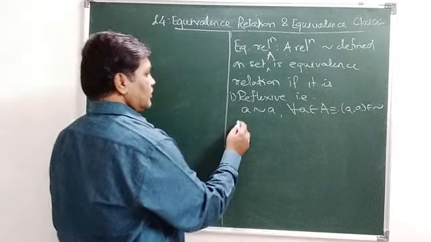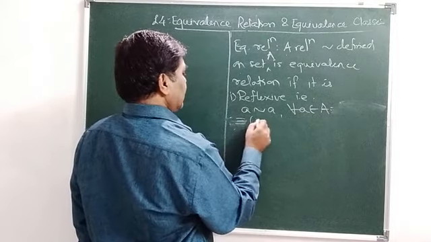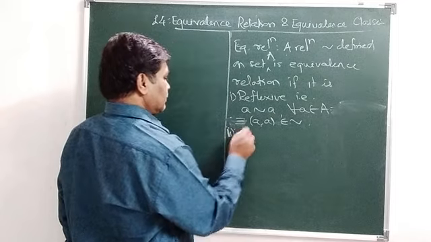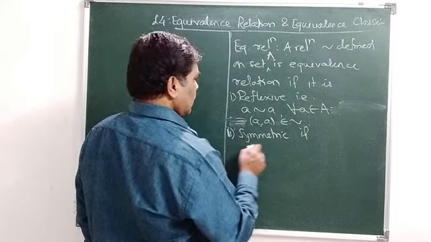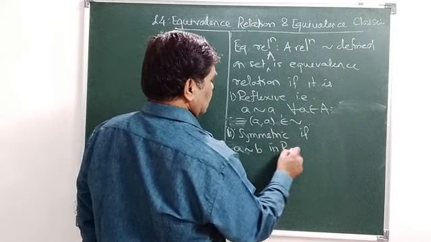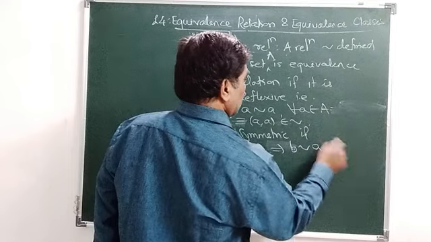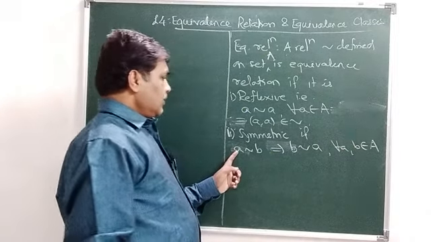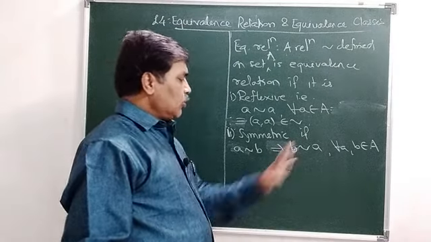Second, symmetric: if (a, b) belongs to R, or a related to b in R, implies b is related to a, for any (a, b) belongs to R. Whenever for given a, b, a is related to b, then b must be related to a. (a, b) belongs to R implies (b, a) belongs to R.